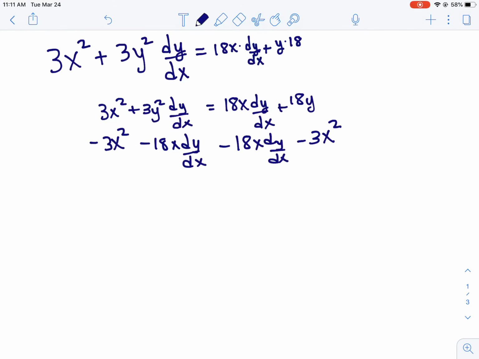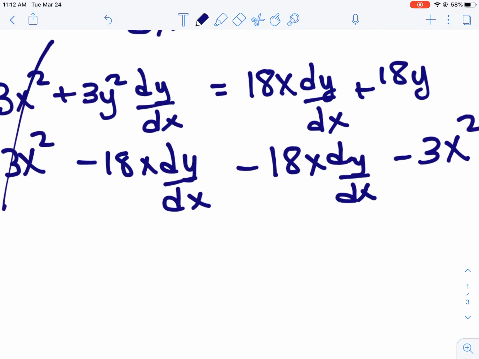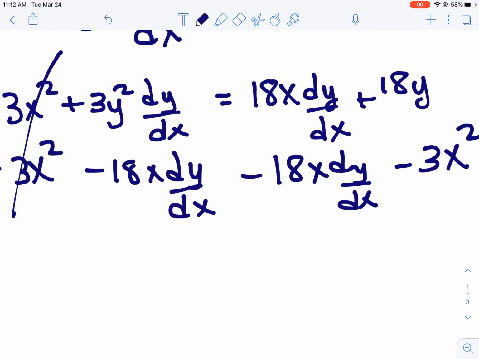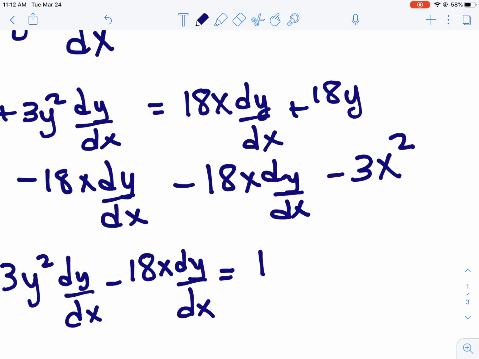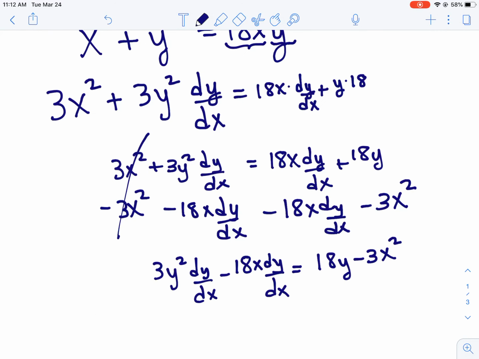All right, so then this is gone over here. So I have 3y squared dy dx minus 18x dy dx equals 18y minus 3x squared. By the way, you should be writing this down as I do it to make sure it makes sense, and then pausing it every time I get going faster than you are.